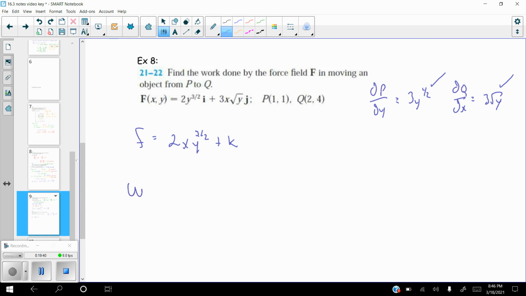So the work done is going to be the line integral of F dot dr, which is going to be 2xy to the 3/2 evaluated from (1, 1) to (2, 4). Plugging in a 2 for x, we're going to get 4 times 4 to the 3/2 power. That's 8. So 4 times 8 is 32. Minus, plugging in a 1, we're going to get 2 times 1 times 1, which is 2. So we should get 30.